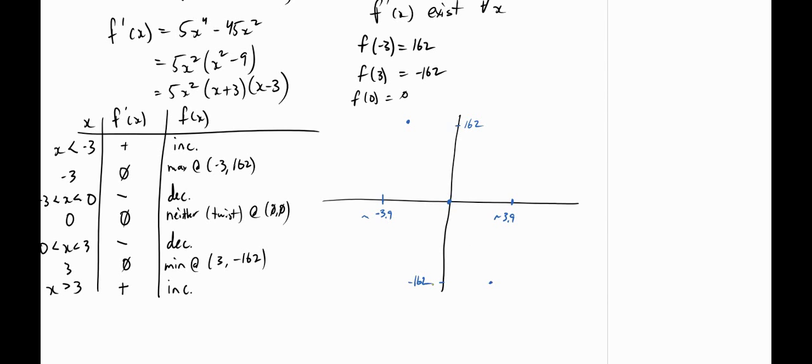And don't forget that I have a twist, so it looks something like this. Where should I start? And I'm also using what I know about polynomials in general, that this one's a degree 5 and it's a positive leading coefficient, so that tells me a lot about what it's going to look like. There we go. We got it.